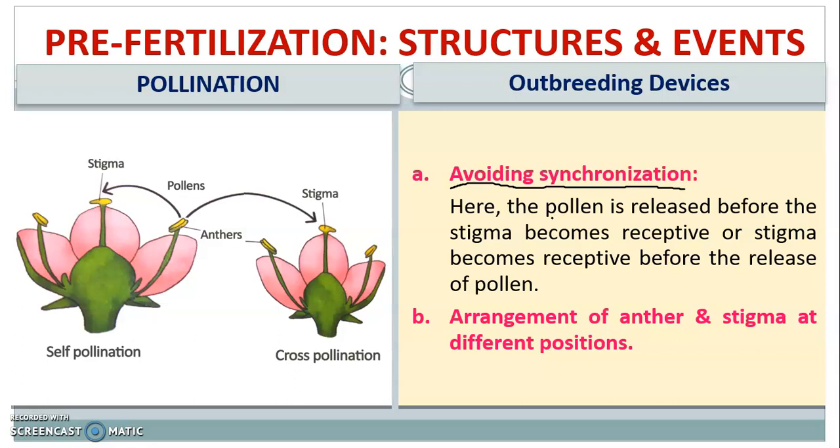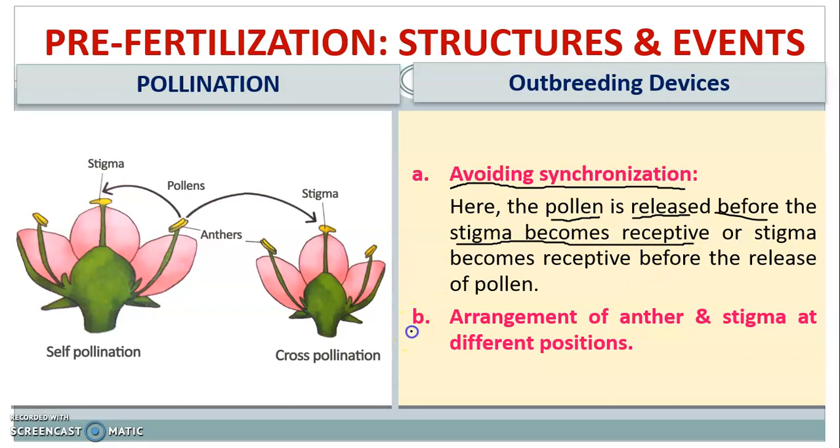In this case, the pollen grain is released before the stigma becomes receptive or mature. If the stigma is not receptive, the pollen grain will not lead to self-pollination. The pollen grain will not fertilize within the same flower, because the stigma is not mature enough to receive the pollen grain from the same flower.